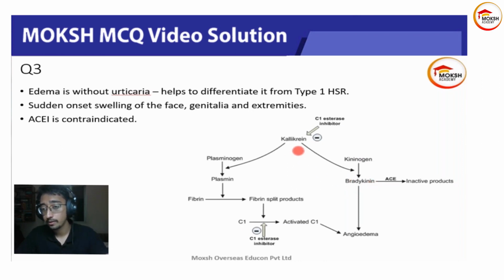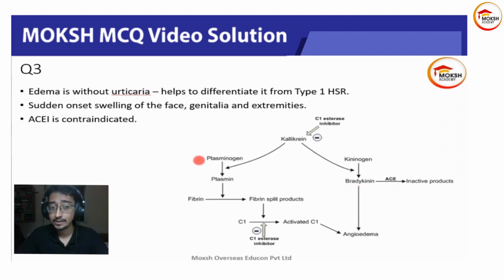So bottom line, if C1 esterase inhibitor is deficient, bradykinin production will increase, as you can see from this diagram. And bradykinin, if you remember from pharma, is converted to inactive products by ACE, that is angiotensin converting enzyme. So remember, if you give ACE inhibitors, then bradykinin levels increase, that leads to cough, right?